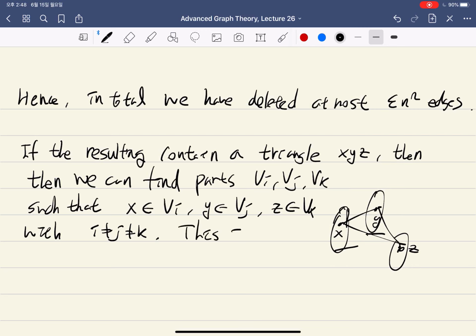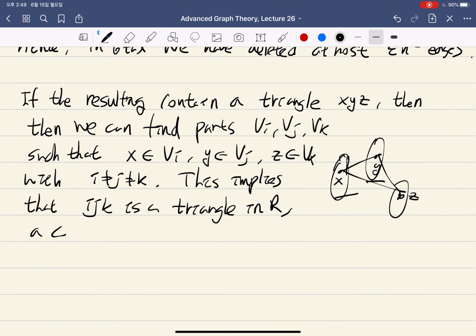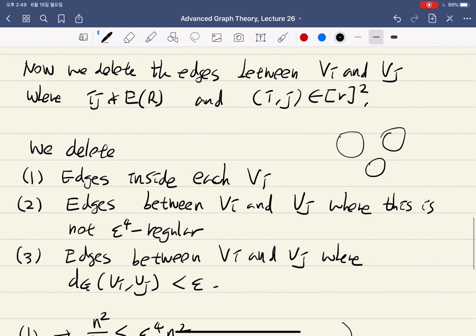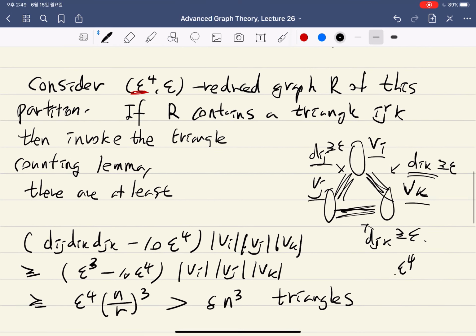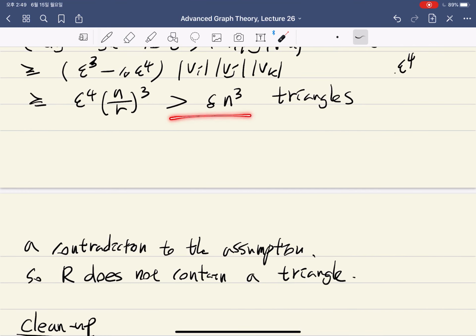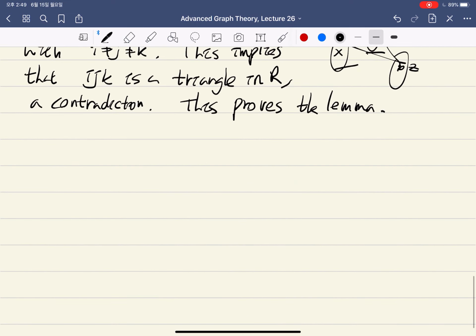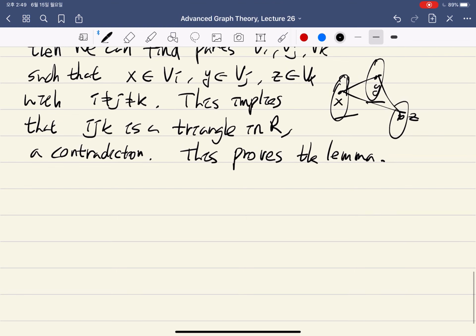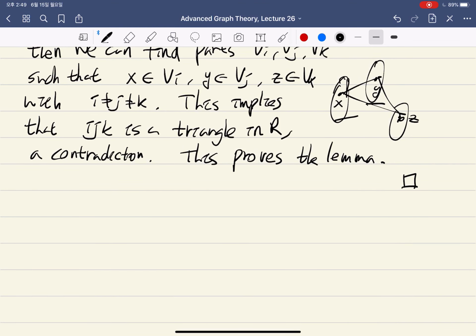And this implies that ijk is a triangle in R, which is a contradiction. Because we already have shown that R doesn't contain a triangle, because the graph G has too few triangles. So this proves the lemma.